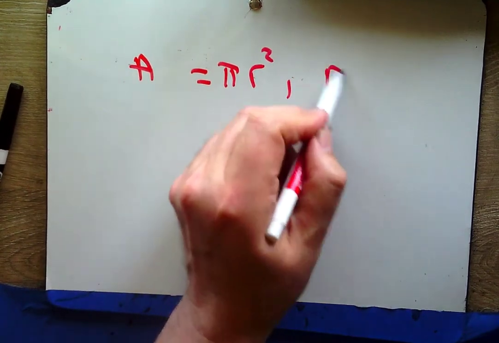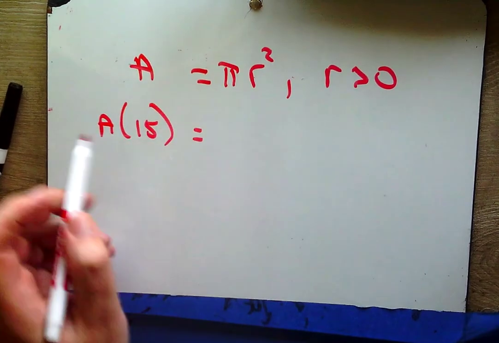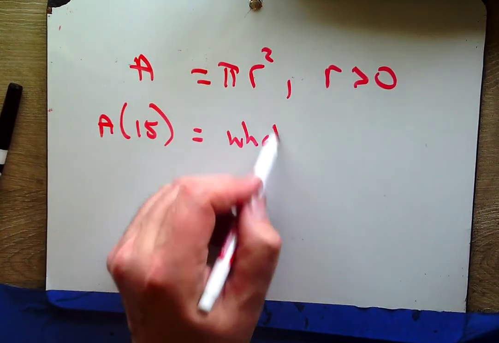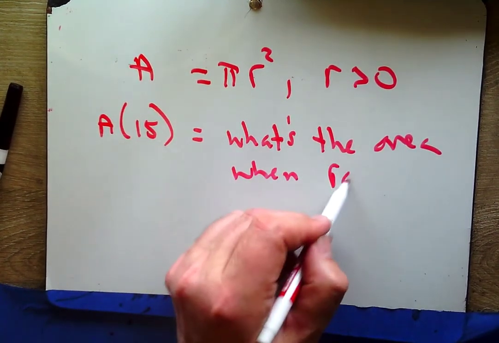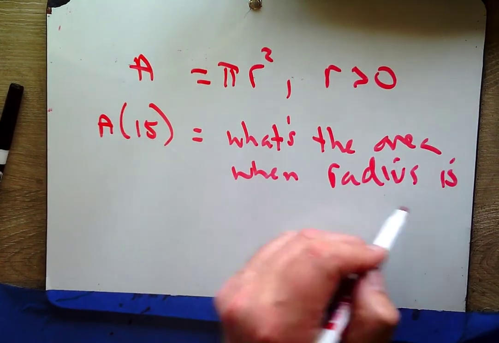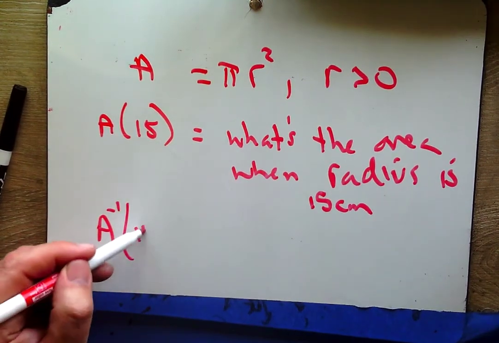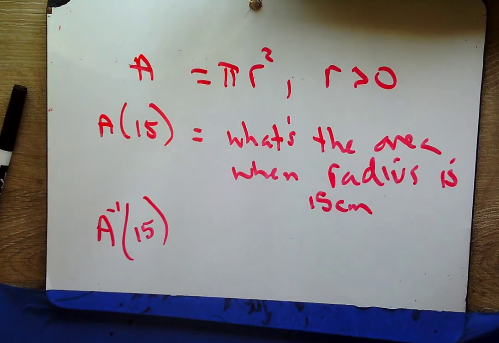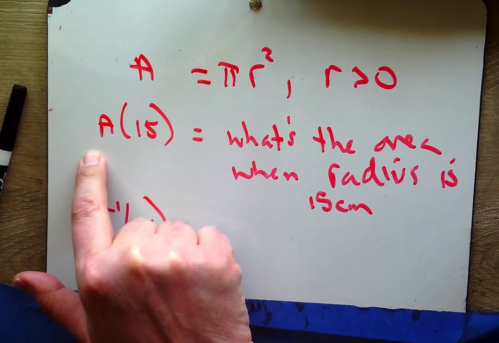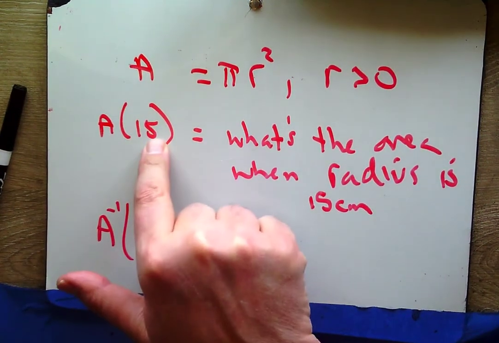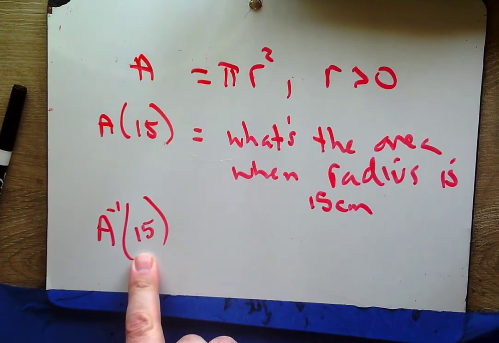So if we go back to this problem for a moment, and I asked you about A of 15, and we said, okay, what's the area when radius is 15 centimeters? So what about this? What's that mean? The input on the original function is radius, and the output is area. So what does that mean this is?